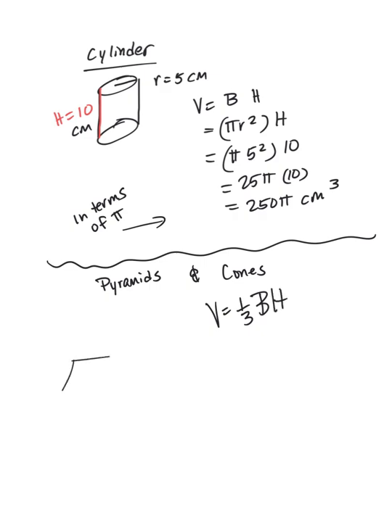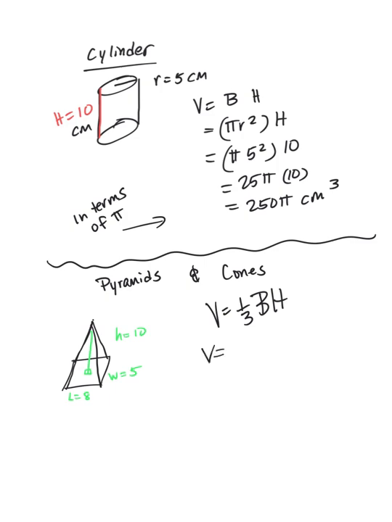So let's say you have this rectangular pyramid here. The height, they would likely draw inside. So let's say the height is 10, and then we have this length, I'll say is 8, and the width is 5.